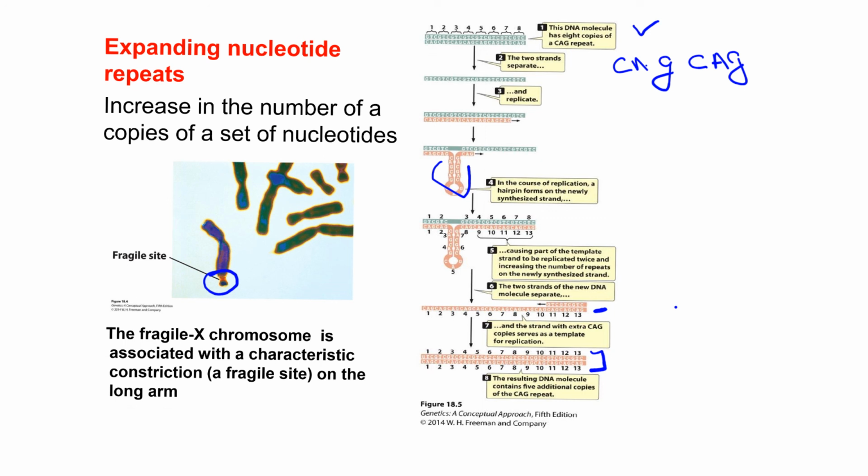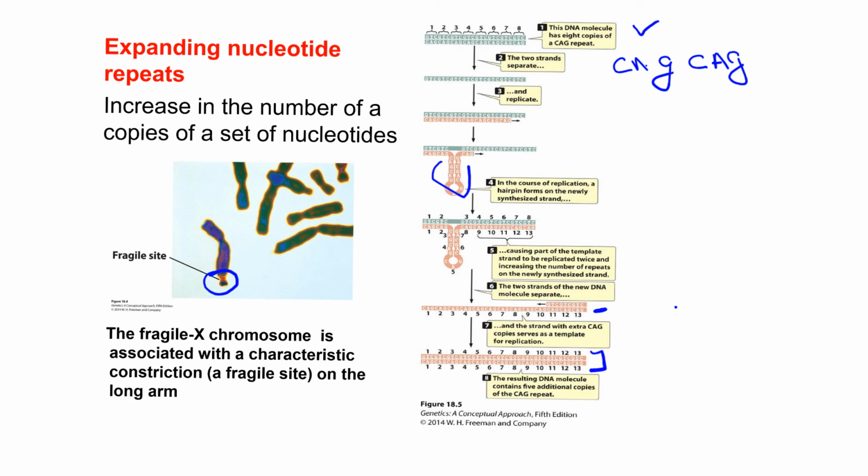The number of copies of repeats also correlates with the instability of these nucleotide repeats. So more repeats, more instability is introduced. And this instability is increased with each new generation, which we discussed as anticipation.